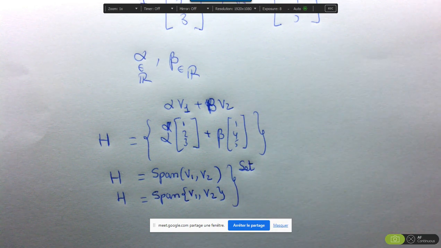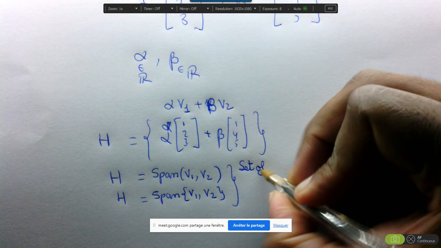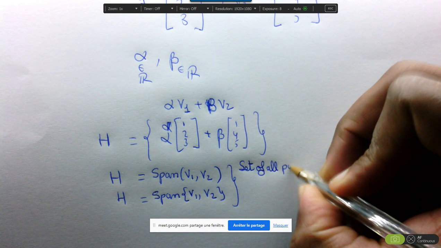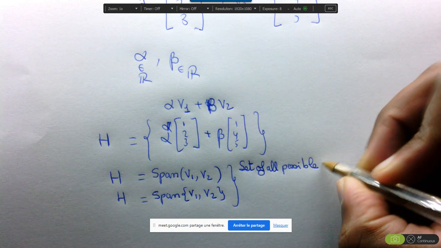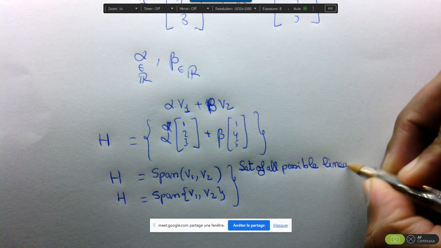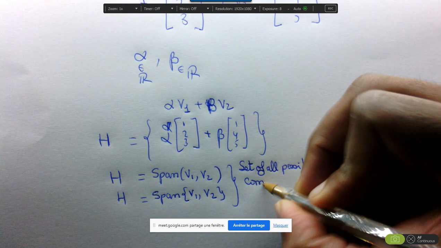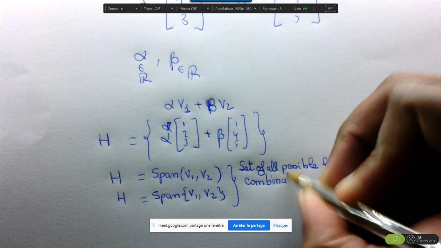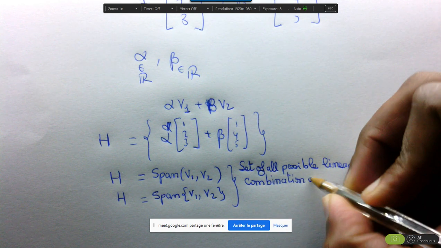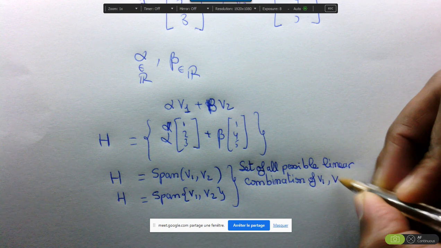Okay, so remember that a span is the set of all possible linear combinations of v1 and v2.